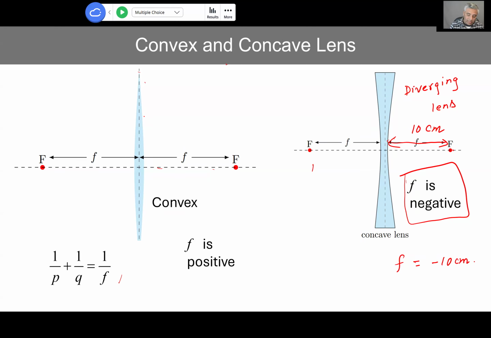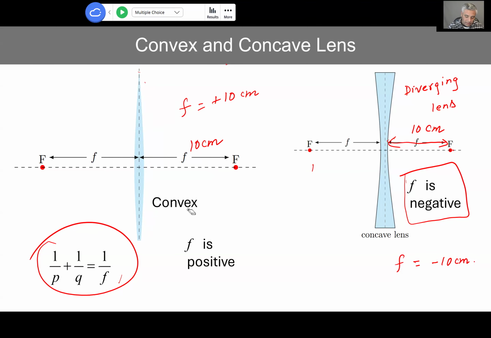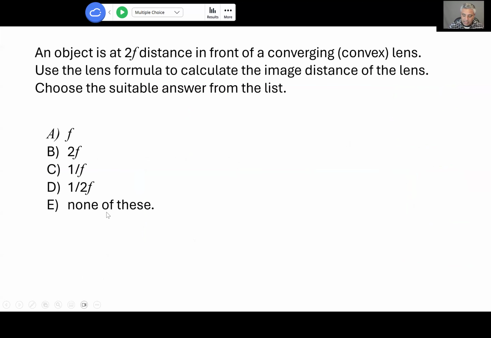So that's how we use it. And for this, if this distance is, let's say, 10 centimeters, then we say F is positive 10 centimeters. So here, what we are assuming is this lens is really thin, okay? If it is a bit thicker, then this formula may not work very well. But as long as it is thin, it works, and that's what we are assuming, and we're going to be using this formula. So just like the mirror, you can use this formula for the lens as well.